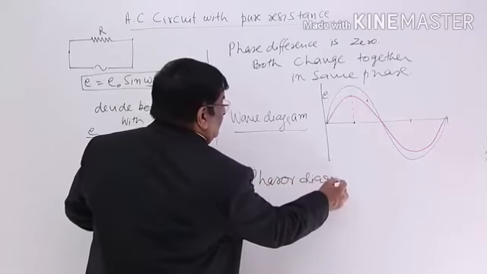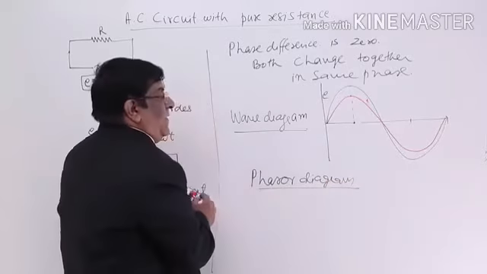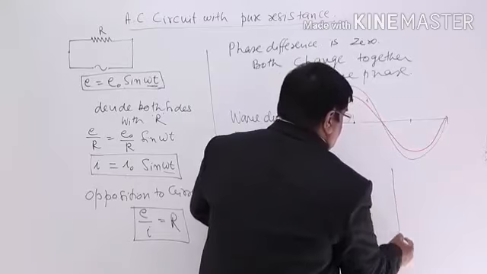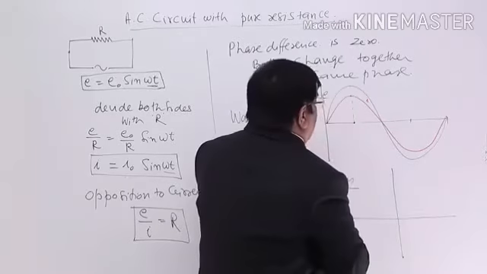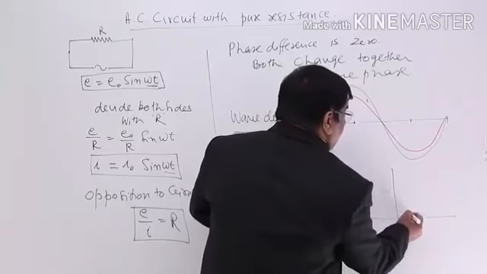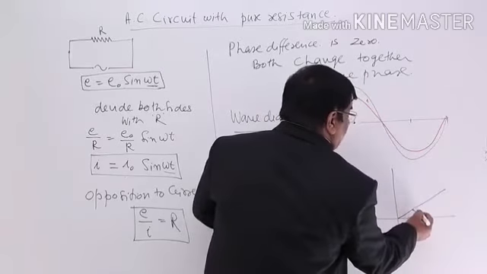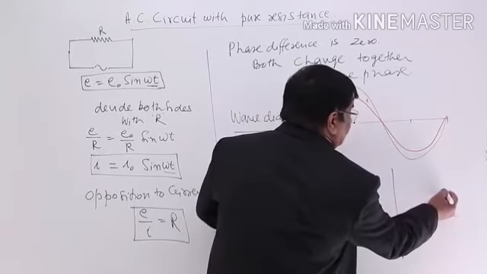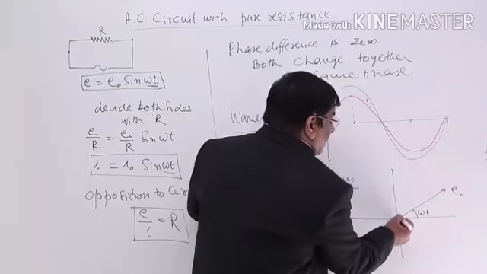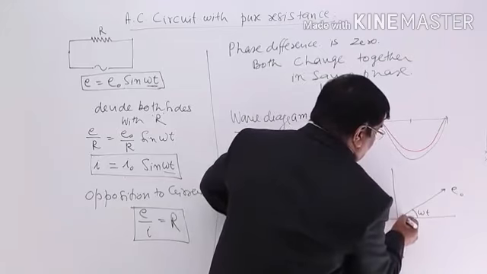Now the phasor diagram. Phasor diagram for this: at any particular instant E naught is at a phase omega t. At the same time I is also at the same phase omega t.